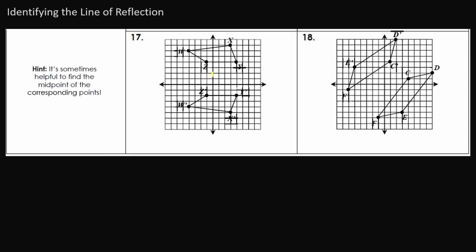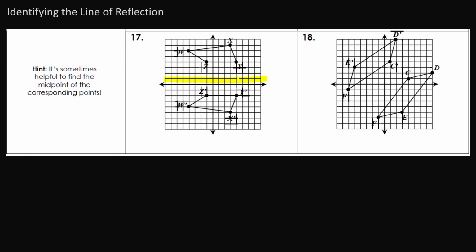So when I look at these quadrilaterals, w, x, y, z, and w prime, x prime, y prime, z prime, I'm looking and there is a distance of 1, 2, 3, 4, 5, 6 between z and z prime. So if I move 1, 2, 3 inward, I'm going to find this line here is halfway in between.